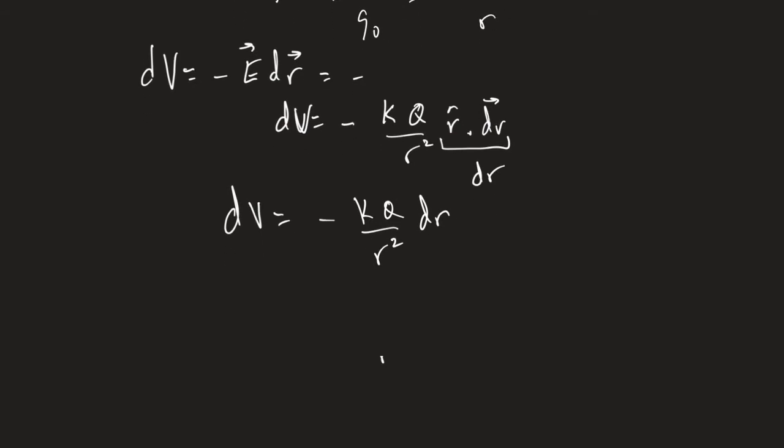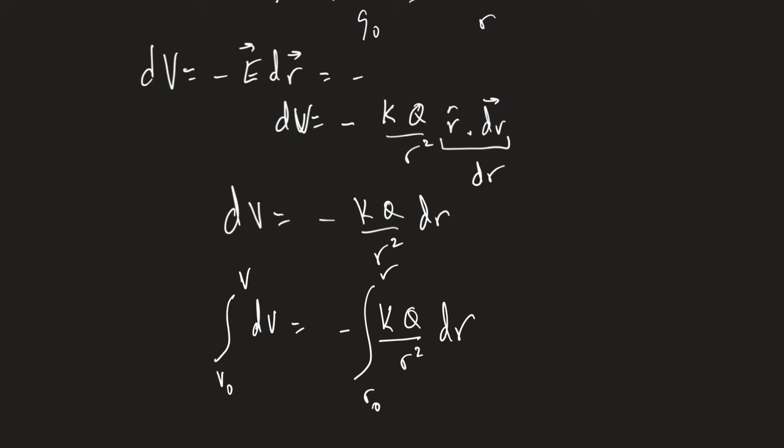So what will be V? Well, we integrate from two points, from point V1 to point V2. We choose the initial point V0, and we assign the value V0 when the radius is R equal to R0.